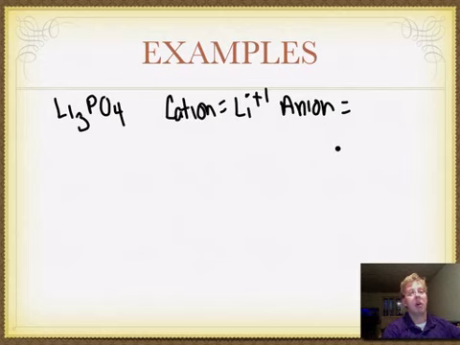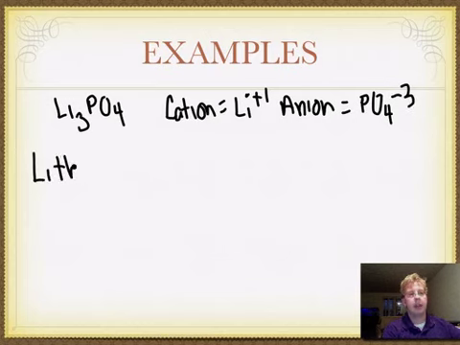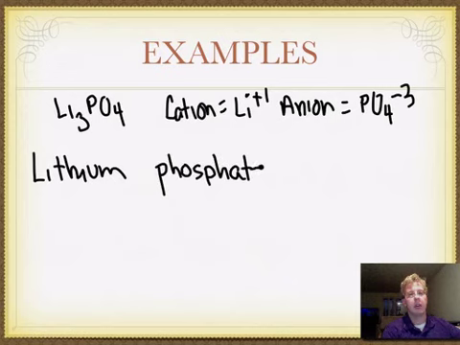We've got PO4, so it has to be a polyatomic ion. So I'm going to go to that chart, and I'm going to see that PO4 with a -3 charge is actually phosphate. For my cation, lithium only has 1 charge, so I write just lithium. And then PO4 with a -3 charge is always phosphate, so it's just lithium phosphate.